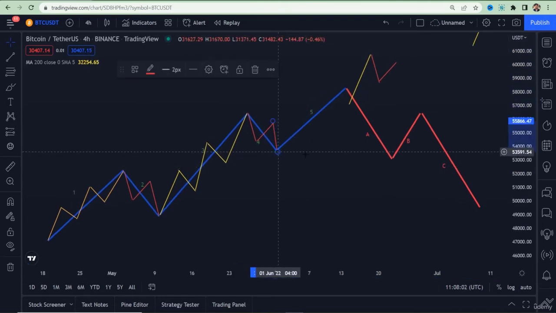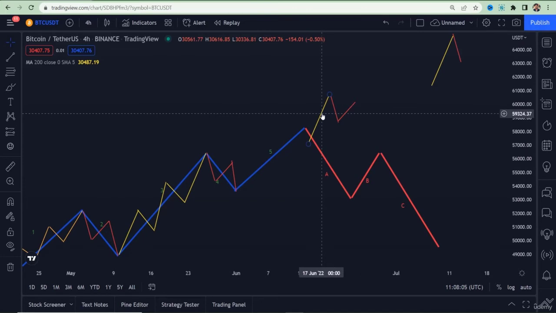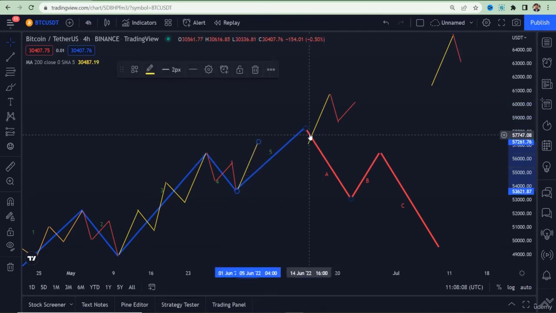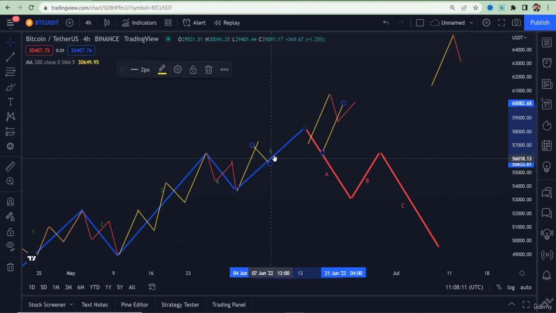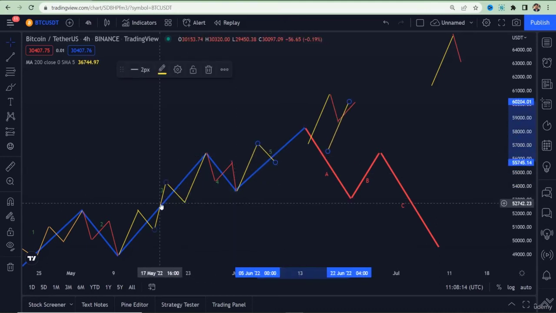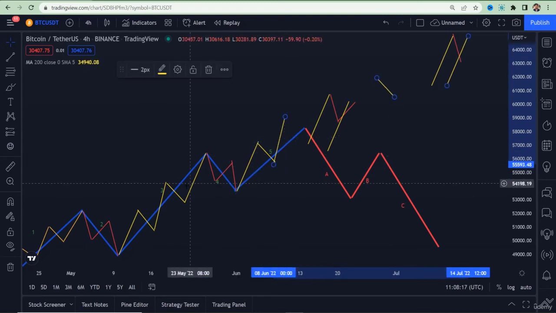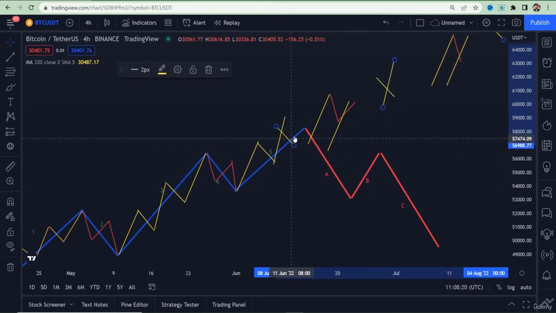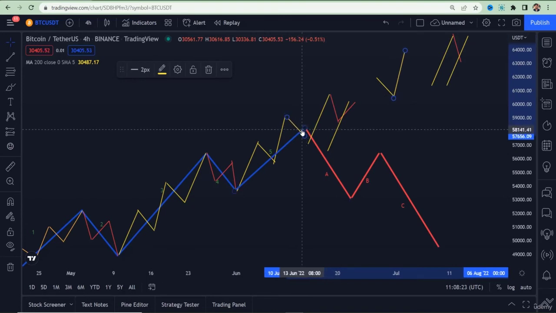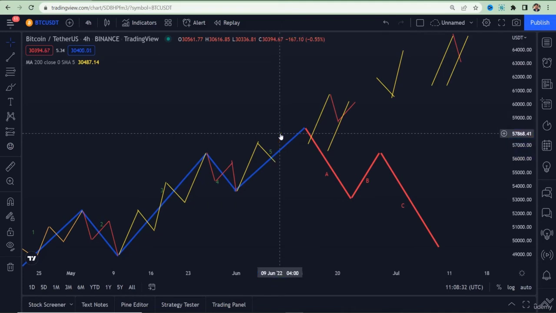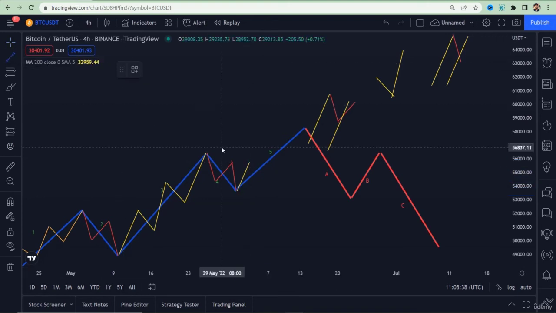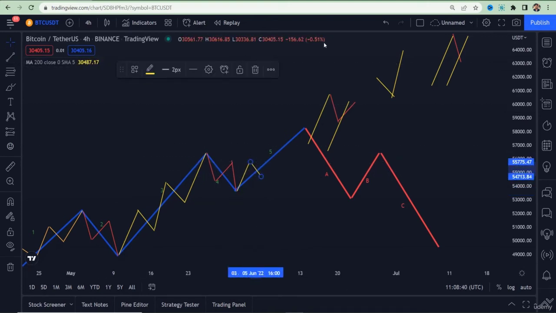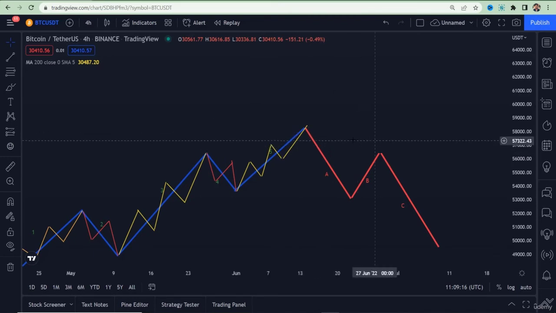Let me just fix it, anchor it here, and then you again get this one. This has become damaged. Anyways, I will draw it manually. I just took some time to draw these things.